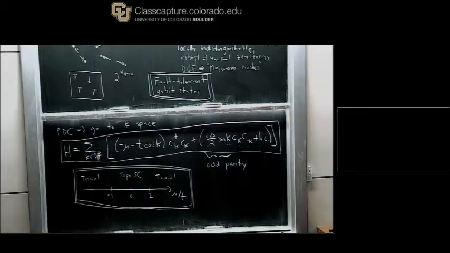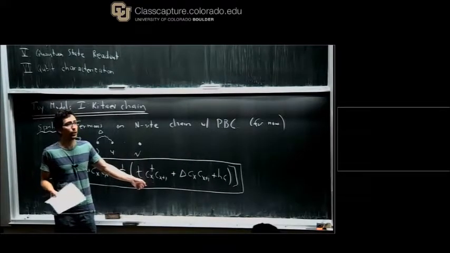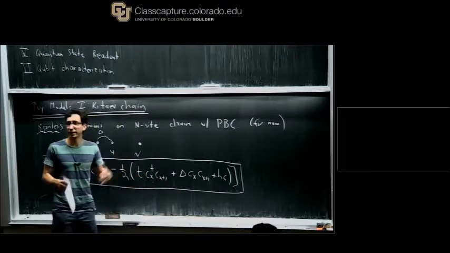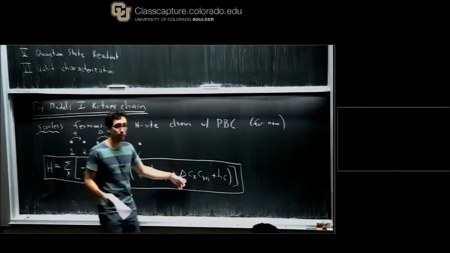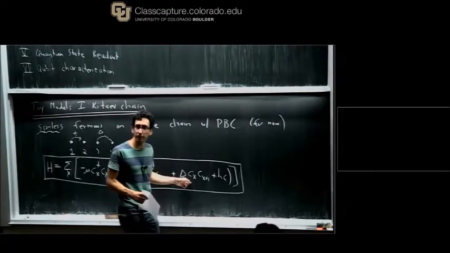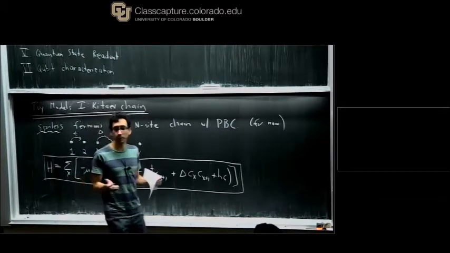So here on out, I'm going to take delta equal to t. There's no physical motivation for this whatsoever. In fact, it's a pretty unreasonable parameter regime to focus on, since the tunneling energy is typically vastly larger than the pairing energy scale. I'm just going to ignore that, and just for theoretical expedience, set delta equal to t. Just my choice. You can't really argue with it.